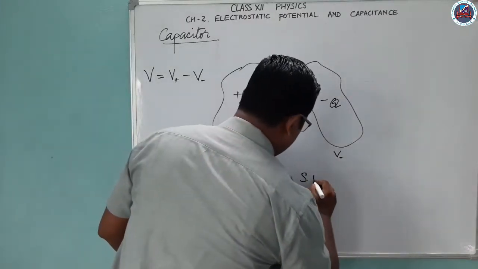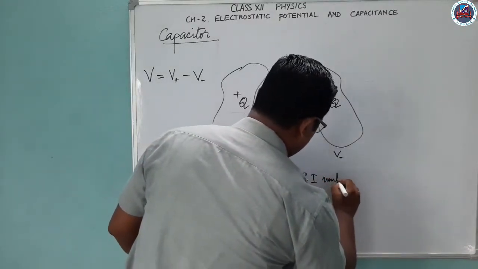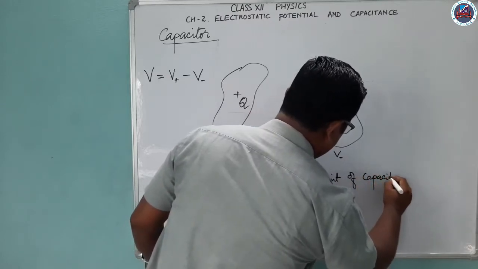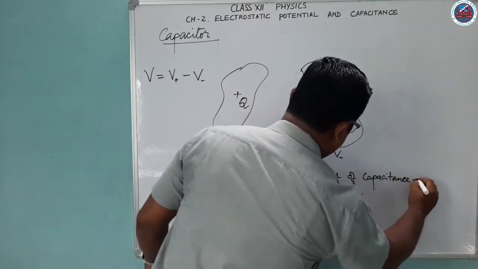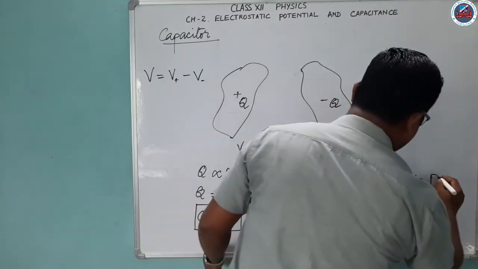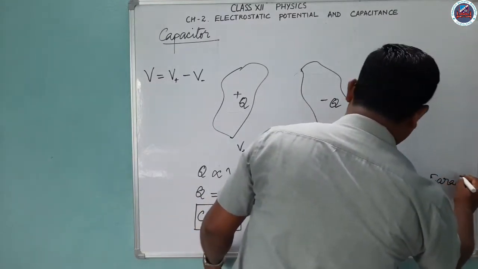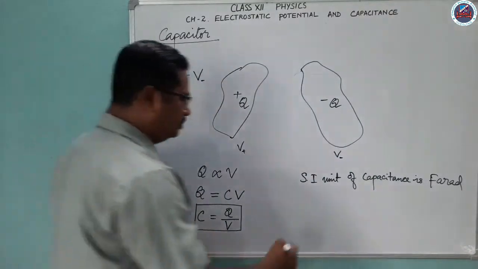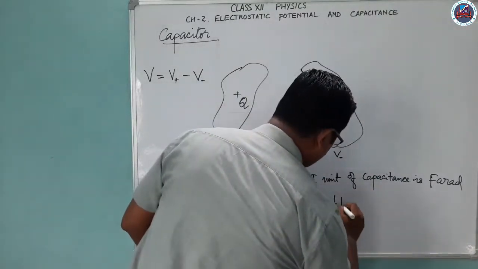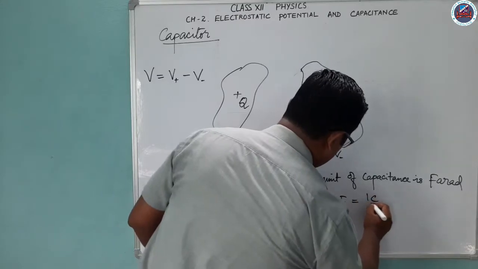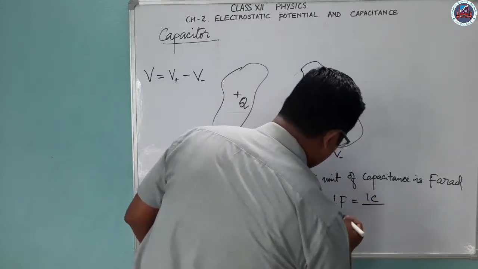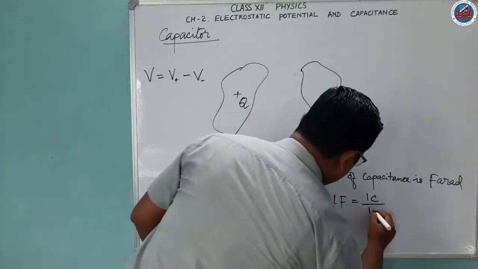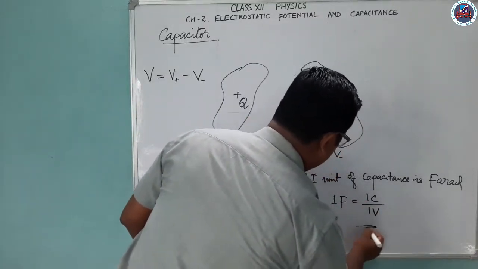One farad is when 1 coulomb of charge is held with a potential difference of 1 volt between the two plates.